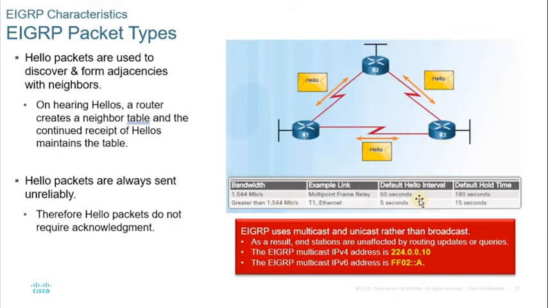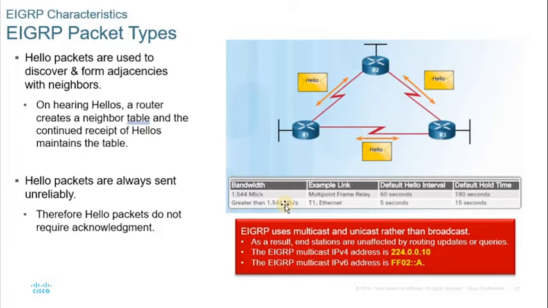The graph here shows the default values for the hello interval according to bandwidth. For example, if the bandwidth is around 1.54 Mbps, the default hello interval is around 60 seconds, so the router sends hello packets once every 60 seconds, along with the default hold time.